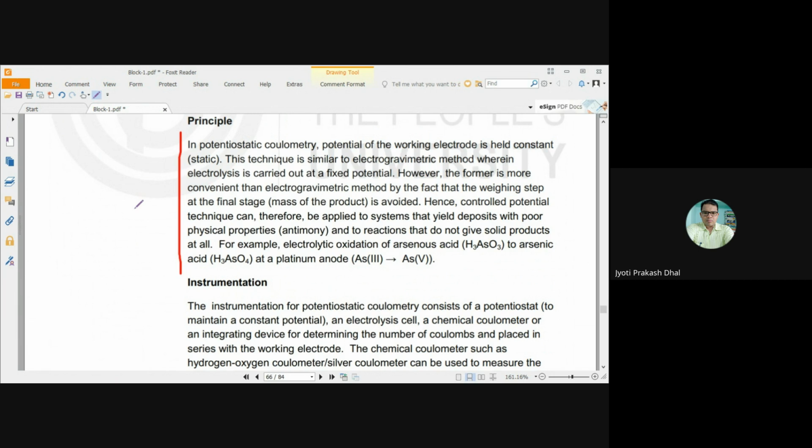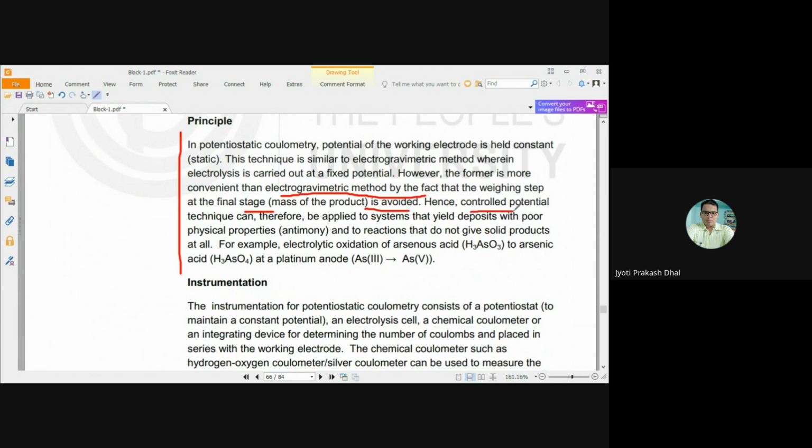This technique is also similar to the electrogravimetric method, where the electrolysis is carried out at a fixed potential. However, the former is more convenient than the electrogravimetric method because the weighing step at the final stage is avoided.